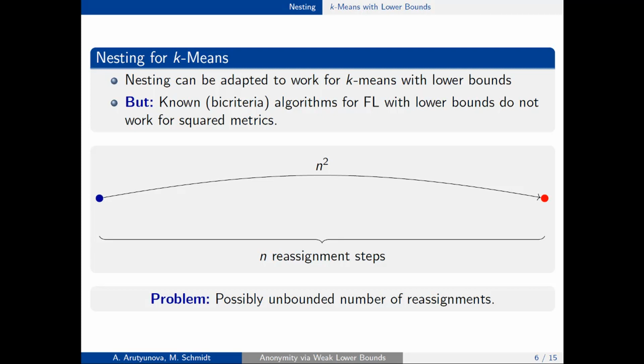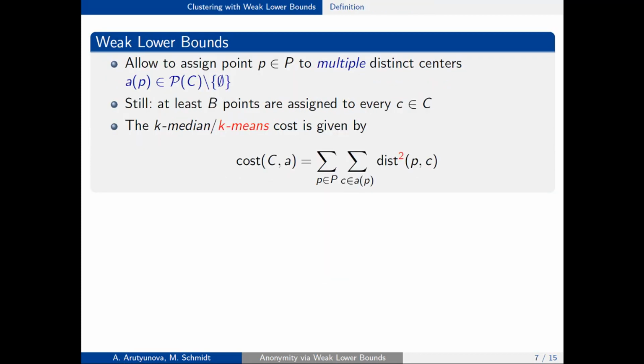So since this approach seems not to work for k-means, and the algorithms for facility location with lower bounds also have very large approximation guarantees, we asked whether we can make this problem easier. Therefore, we introduced the concept of weak lower bounds, where we allow a point to be assigned to multiple distinct centers, meaning that now the assignment does not map into C, but every point is now assigned to a non-empty subset of centers.